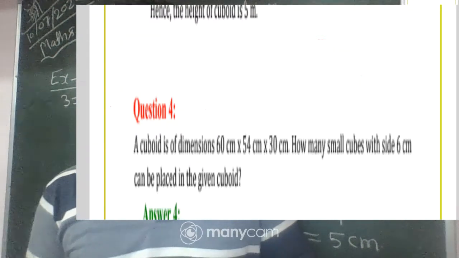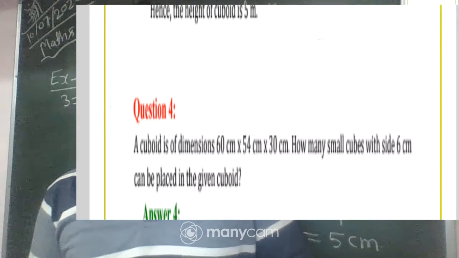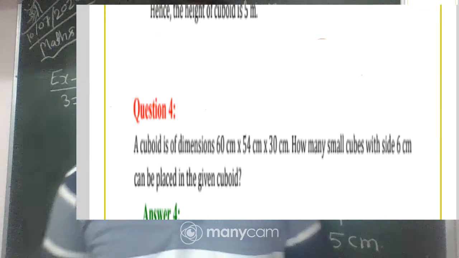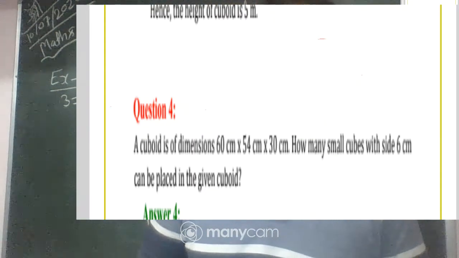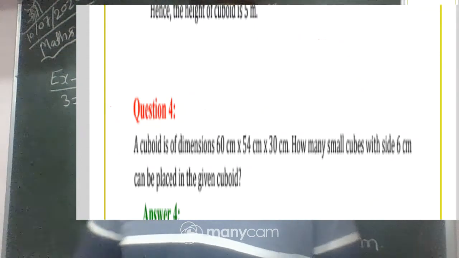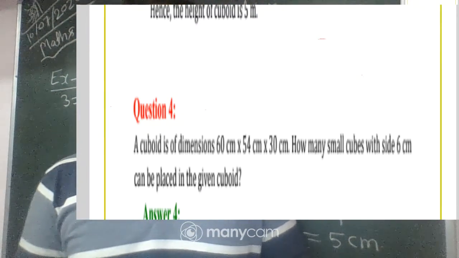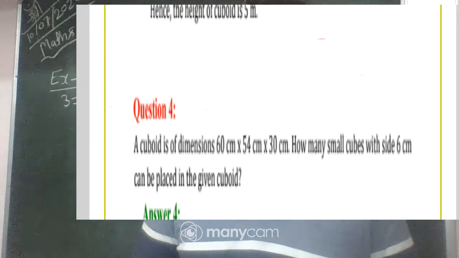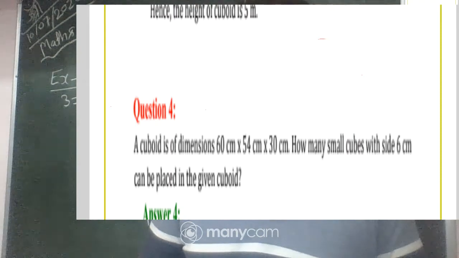Here the side of the cube is given as 6 centimeters. So we find the number of cubes. We divide the volume of cuboid by the volume of small cubes. In this way we find the number of cubes. Let's see how to solve it.